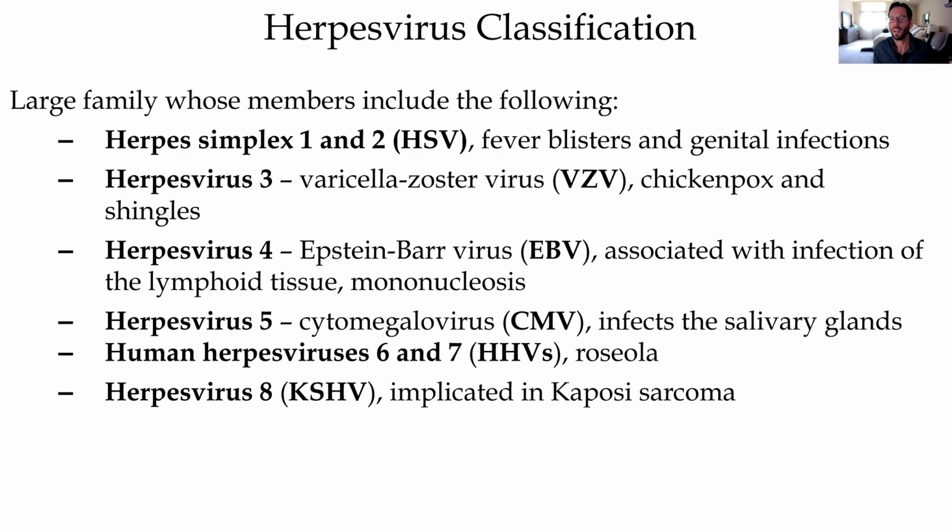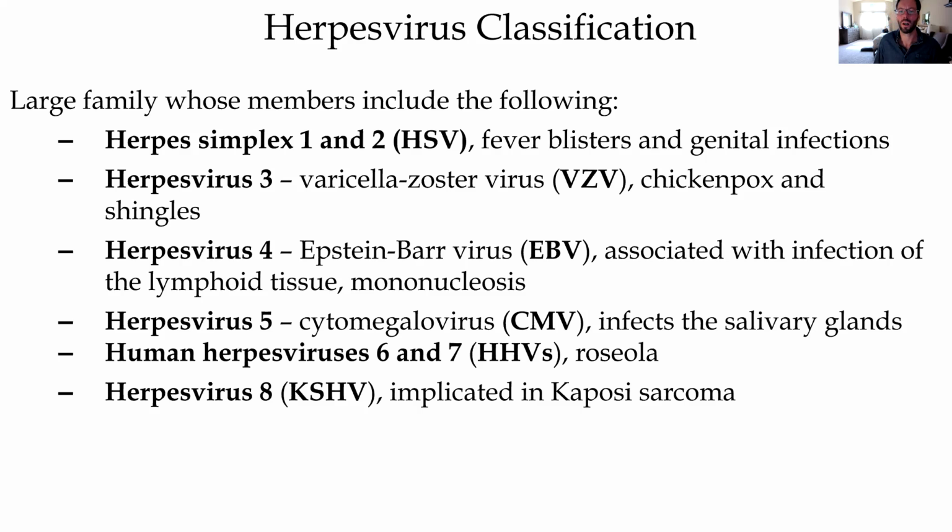Herpes 4 is going to be Epstein-Barr virus, so think of mono when you think of Epstein-Barr virus. HSV5, that's cytomegalovirus, which I mentioned a while back, is particularly harmful to developing fetuses if they were to contract that from their mother.